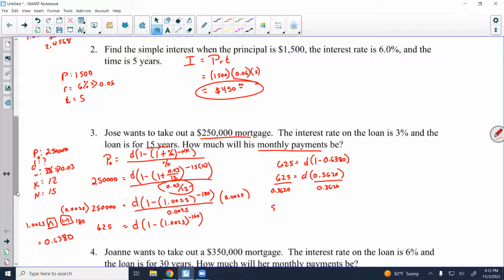And I end up with $1,726.52. That's my monthly payment. Any questions on that one?